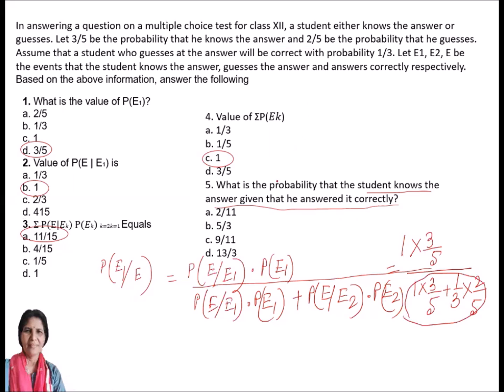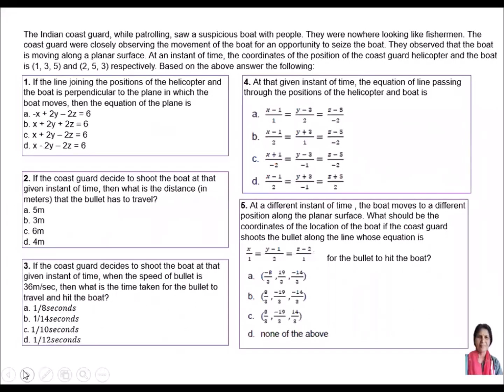So the numerator is 3 by 5 divided by 11 by 15. 5 and 3 will be multiplied here, so the answer is 9 by 11. So C is the answer.